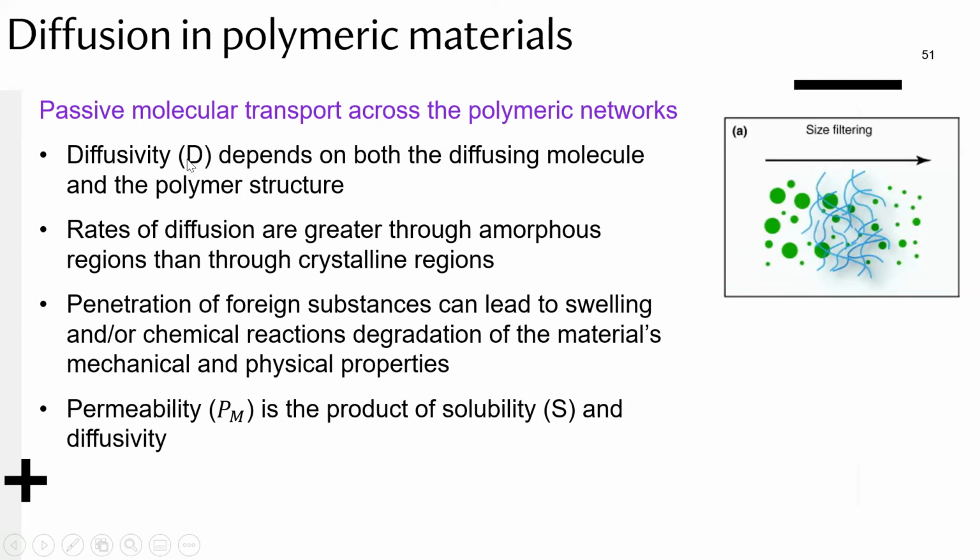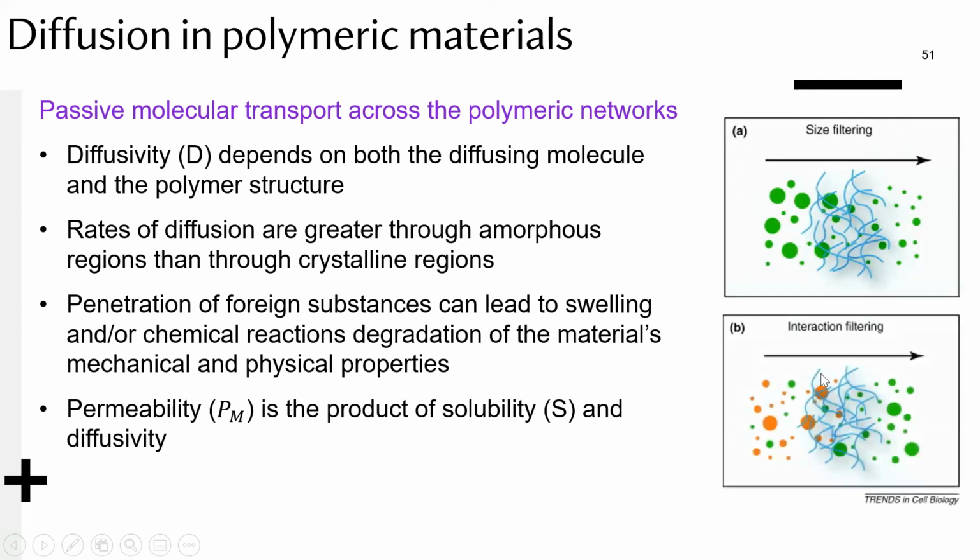So the diffusivity D is the quantity that we use that tells us how efficiently this combination is going to diffuse. So the higher the diffusivity means that you're going to diffuse faster, you're going to get a larger flux. If the diffusivity goes down, that goes down. So this again depends on the size, but also the interaction.